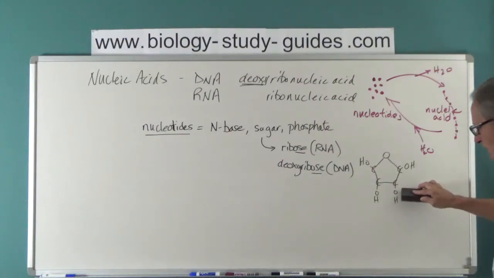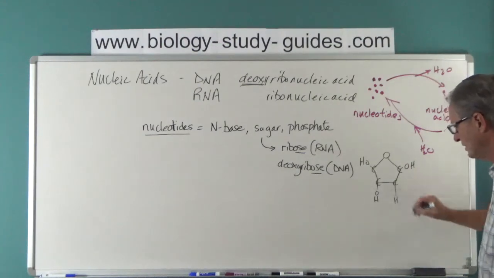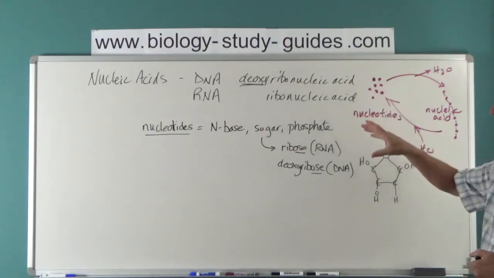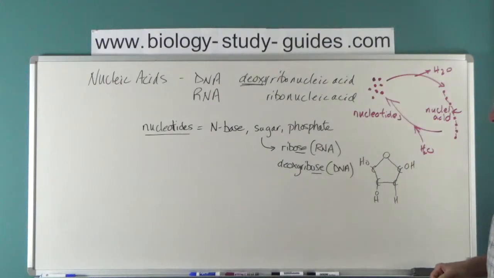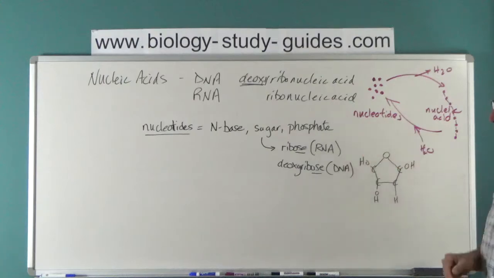In the case of deoxyribose, this oxygen is missing, and the bond from the carbon here is directly to hydrogen. So it's a very subtle, very simple difference, but in terms of nucleic acid structure, it's very, very important. So DNA contains deoxyribose, RNA contains ribose.